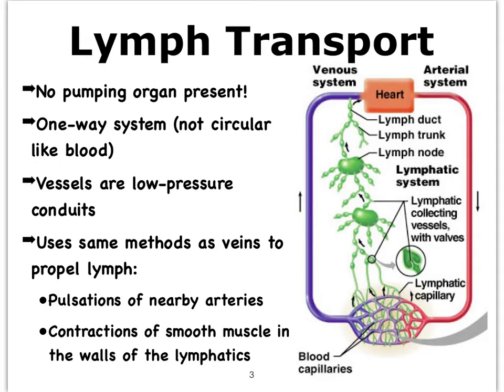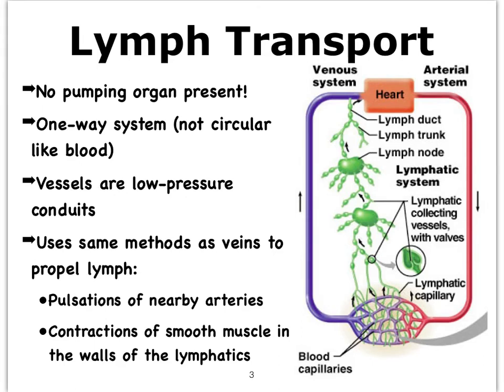It's not quite that way in the case of lymph. First of all, we do not have any kind of a pump. So the pressure in the vessels of our lymphatic system is quite low. And for that reason, they're very similar to the veins or the venous system of our blood. And remember what our veins have to depend on in order to get the blood back to the heart.